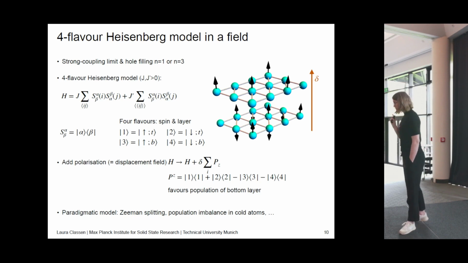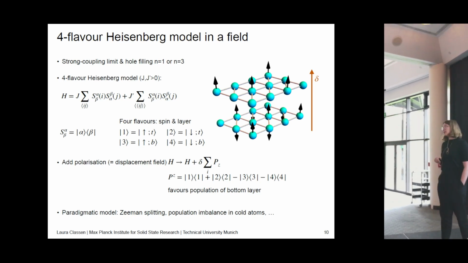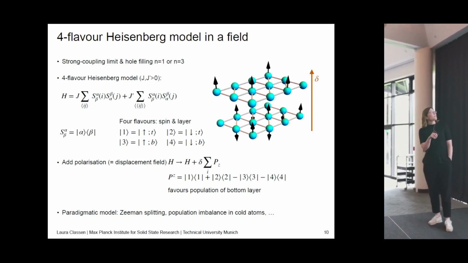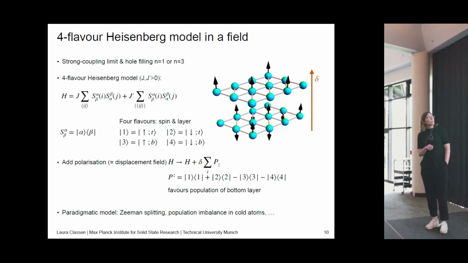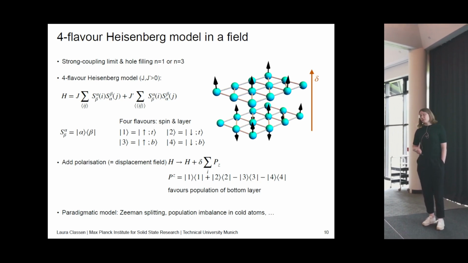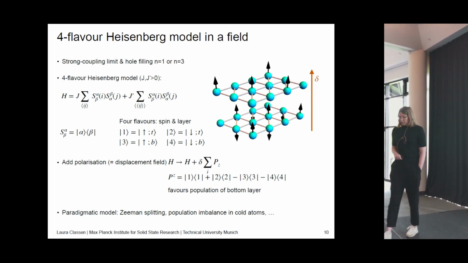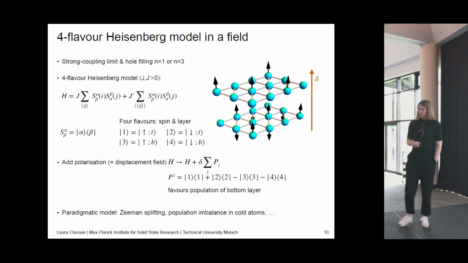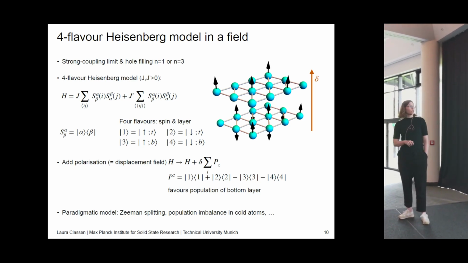And the difference to the usual SU(2) case is that here we have the SU(4) operators made of our four flavors, spin up and down, and layer, top and bottom. And then on top of that, I said we add the displacement field, which leads to such a polarizing term with field delta. And in our sign convention, this would favor the population of the bottom layer.